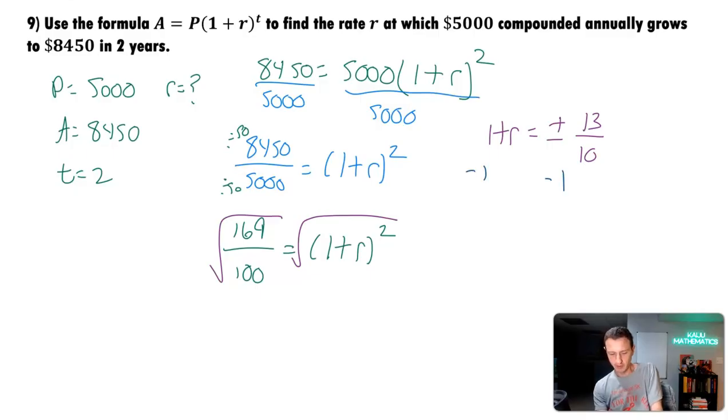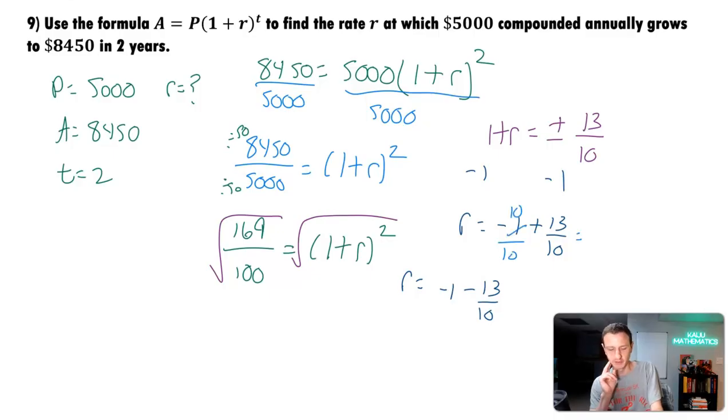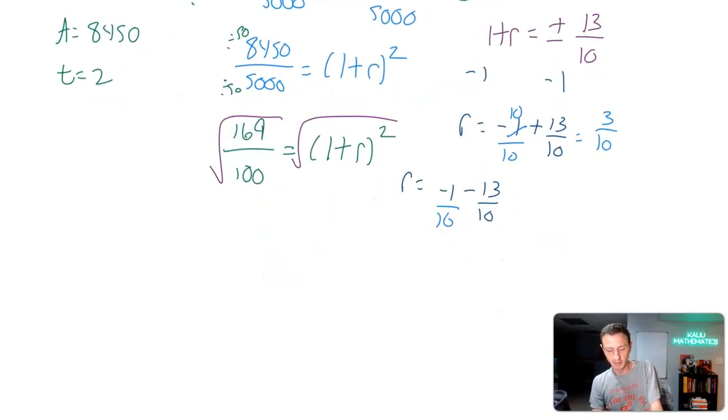Subtract 1 from both sides, R equals negative 1 plus 13 over 10, and R equals negative 1 minus 13 over 10. Look at our potential answers, though, and justify which one would make sense. So we have R is equal to negative 1 plus 13 over 10, so this would be negative 10 plus 13 is 3 over 10. And then the next one, this would be over 10 over 10.